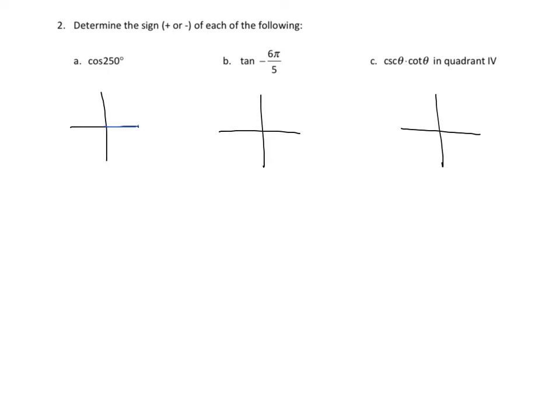The initial side is always on the x-axis, and a 250 degree angle would be in quadrant 3, about right there. So since it terminates in quadrant 3, and cosine of an angle is x over r. R is always positive, and in quadrant 3 x is negative, so the sign would be negative.